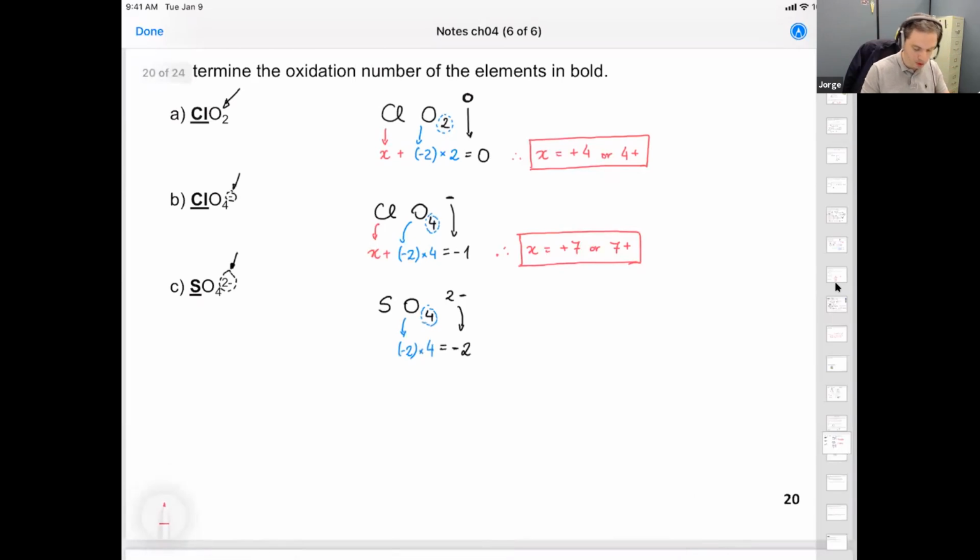And what we are looking for is the oxidation number of sulfur. I'm going to call it X. Therefore, the only value that satisfies this equation is +6, or you can also write 6 plus.